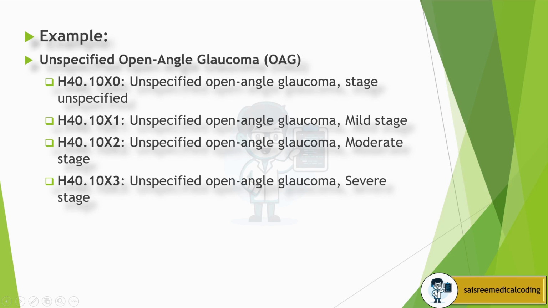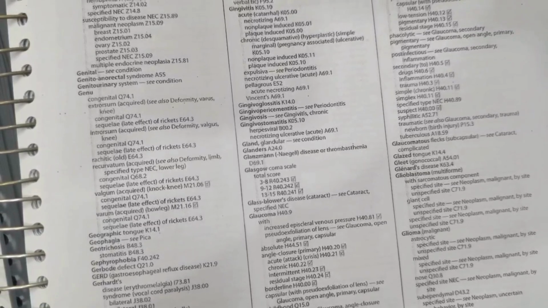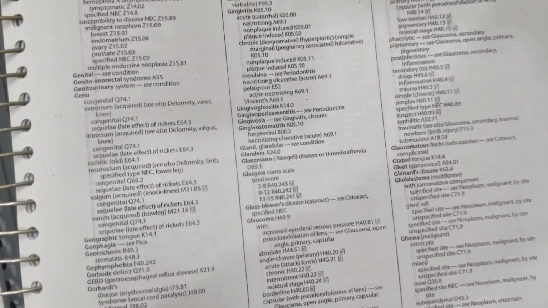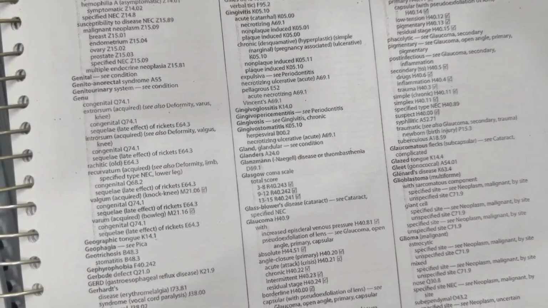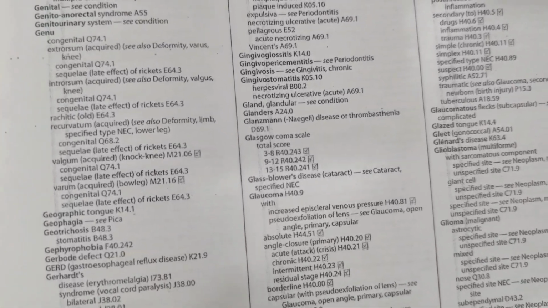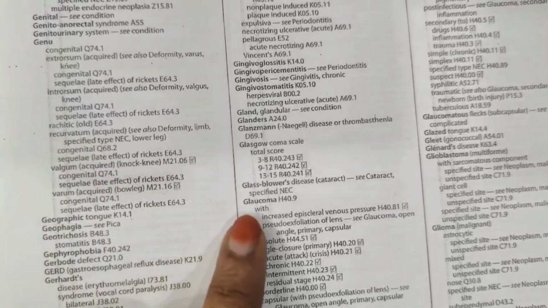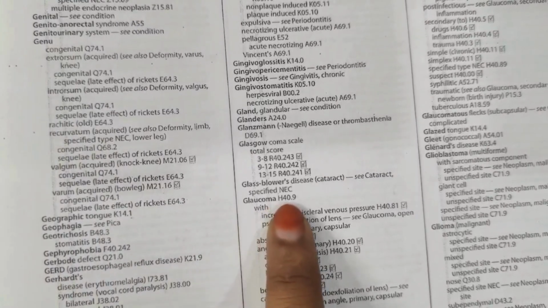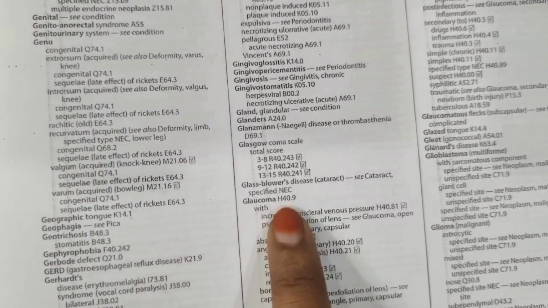We'll see that. Now coming to the example of the placeholder character, I informed you that I'll be showing this particular glaucoma code. You can see in the second column we are having a word called glaucoma. If I mention only glaucoma, we will get a different code, H40.9.